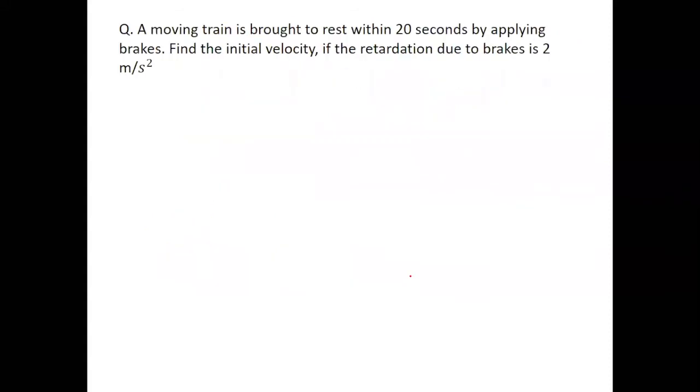A moving train is brought to rest within 20 seconds by applying brakes. Find the initial velocity if the retardation due to the brake is 2 meter per second square.